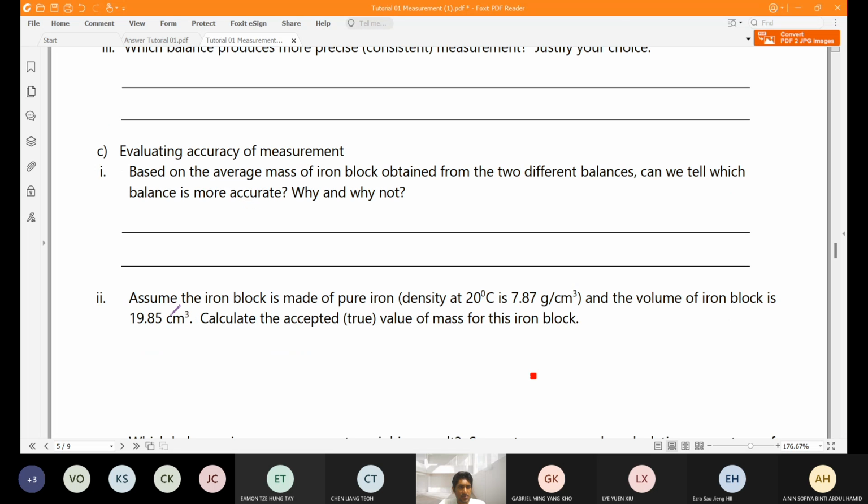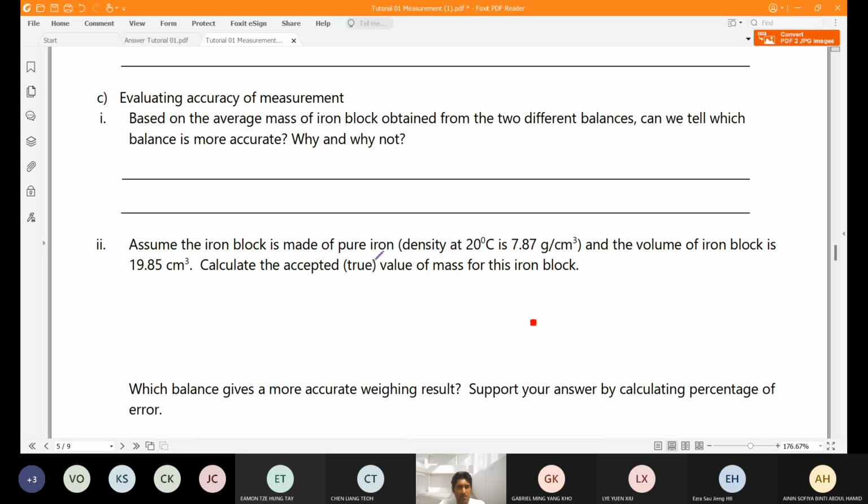Question number 2 says: assume the iron block is made of pure iron and the density of iron is 19.83 gram per cubic centimeter. Calculate the accepted true value of mass for the iron block. How can we do that? Do we know that mass equals density, let's say D or rho, times volume?